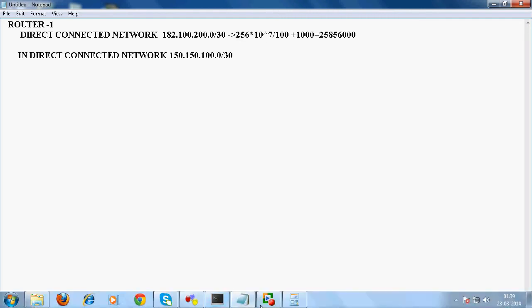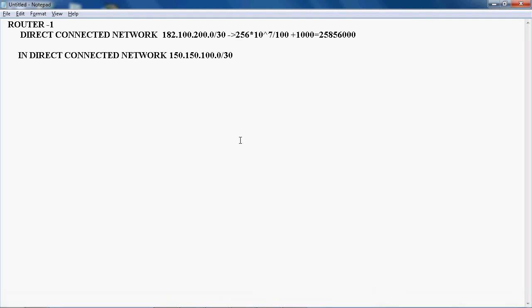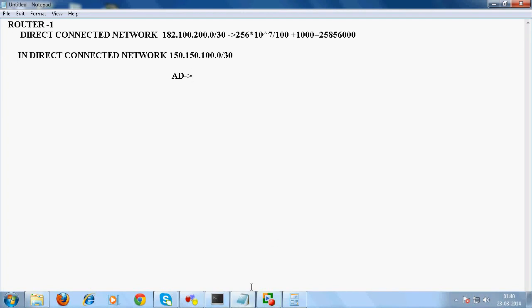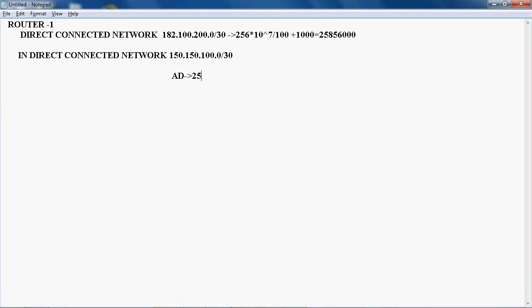Okay. First of all we have to find the advertised distance. So AD, this is the advertised distance. For the advertised distance we also use the formula 256 into 10 power 7 divided by bandwidth.